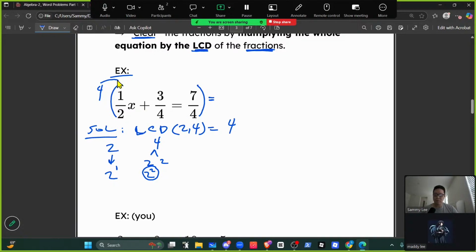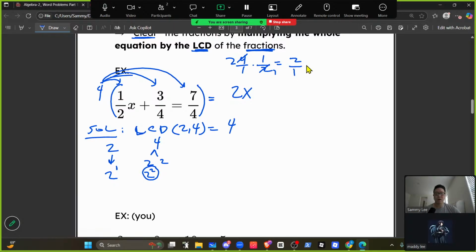So what we're doing is distributing the 4 to each term. Okay? 4 times 1/2 x. Well, that's going to be 2x. So that's 4 over 1 times 1/2. 2 goes into 4 twice. 2 times 1 is 2.